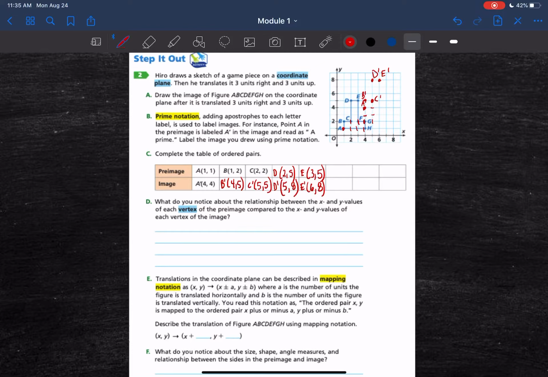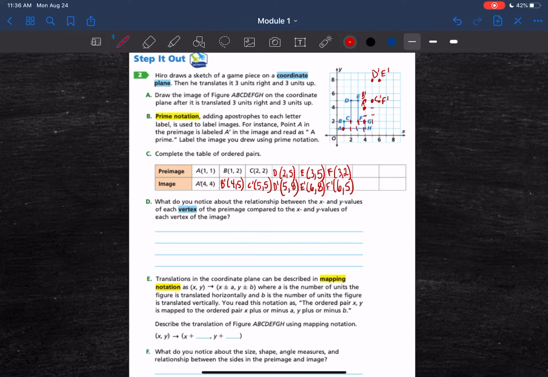Then we have to get F. F is located at 3, 2. For F prime, add 3 to each of those. So 6, 5. That's going to be F prime.